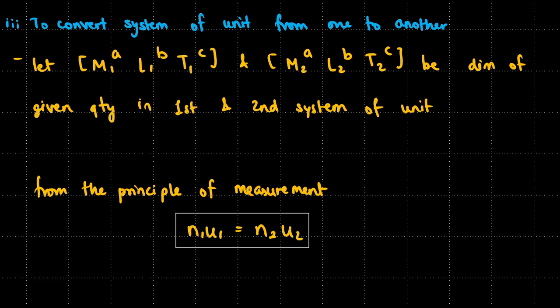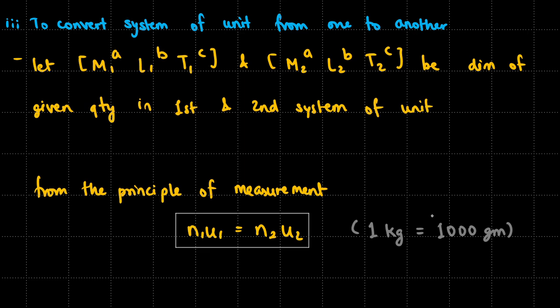Let's take 1 kilogram is equal to 1000 grams. 1 and 1000 are not equal, and 1 represents n1 and 1000 represents n2 in this case. But due to the units, u1 being kg and u2 being gram, they are equal when we write 1 kg equals 1000 gram. Even though 1 and 1000 are not equal, adding the units makes something change.